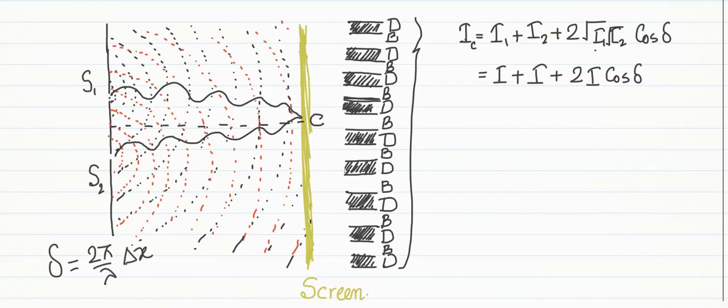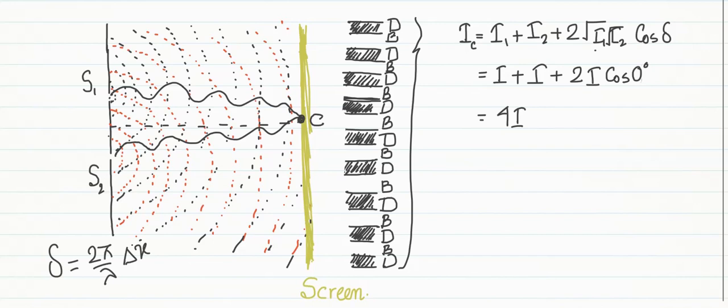Since the path difference between the two interfering waves is 0, del is 0 for the point C. So in the place of cos del, I can write cos 0 degree, which is obviously 1. So this becomes I plus 2I, which is 4I. That is the intensity of the waves after interference at the central bright fringe. Clear?